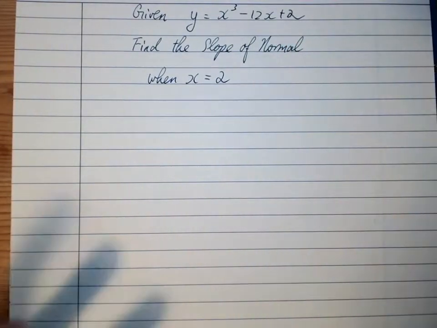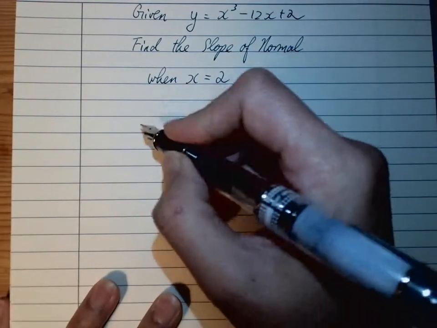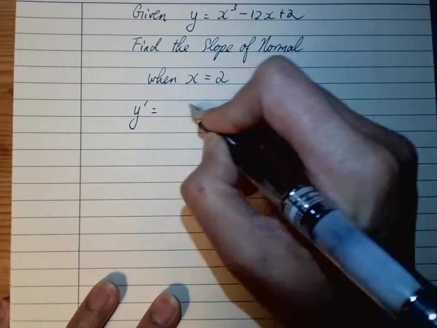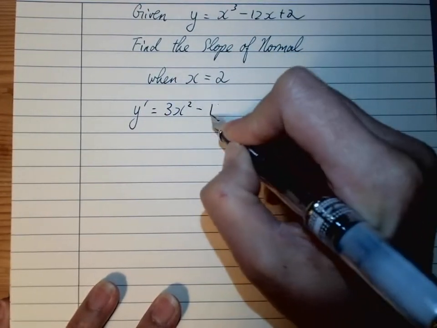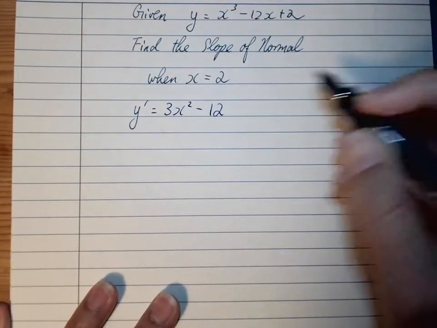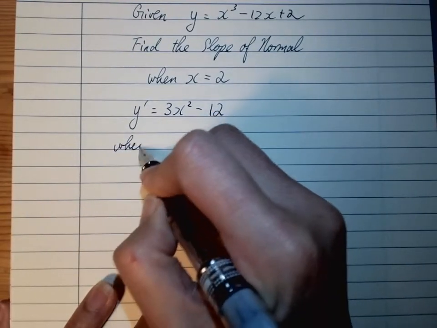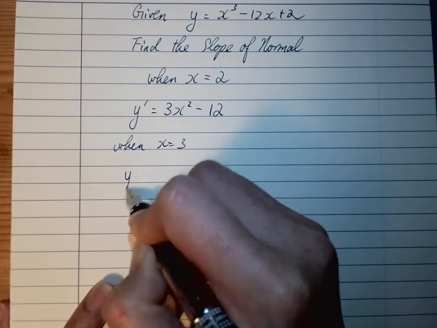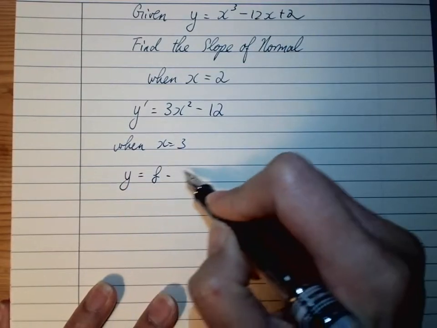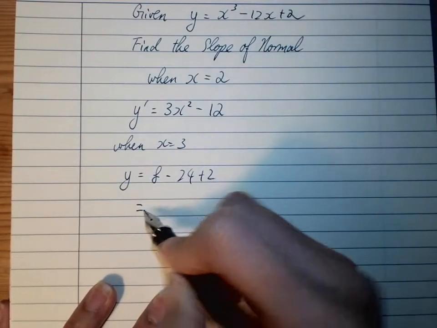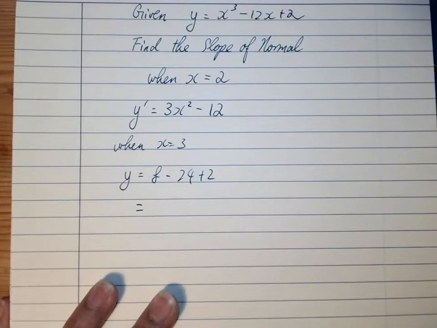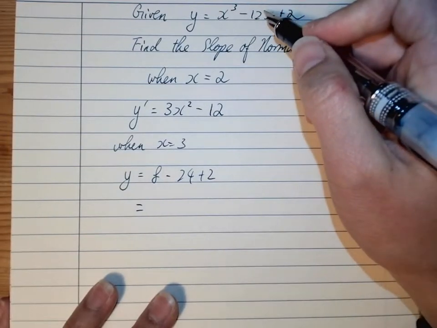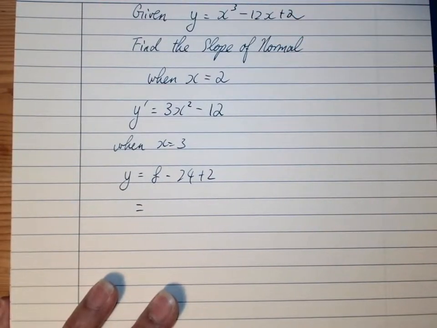Alright, so if that is the case, we need to find out a few things. So differentiate first. I got 3x squared minus 12 as our differentiated equation. So when x equals 2, y will be equal to 8 minus 24 plus 2, because we put the 2 inside.